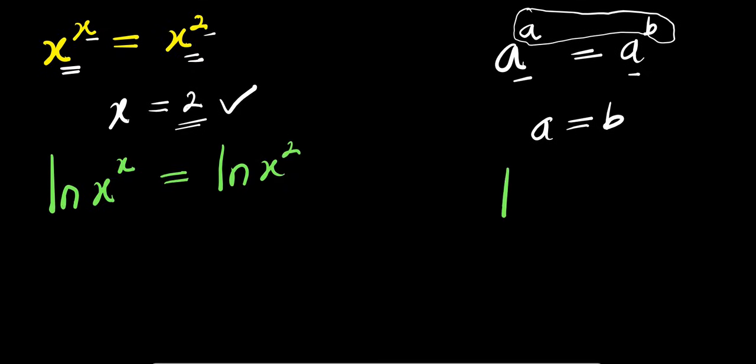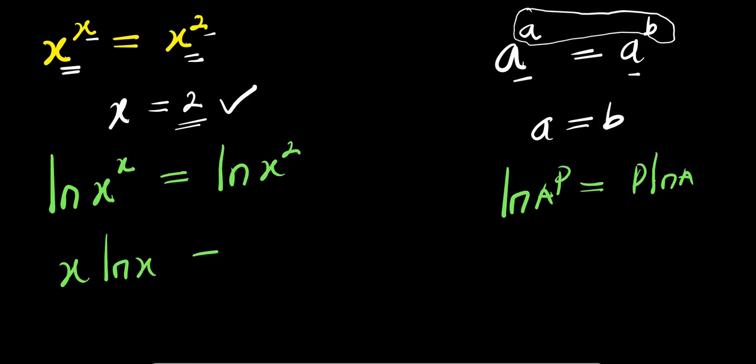Now, if you have natural log a power b, this equals b times natural log a. So we have x times natural log x equals 2 times natural log x, because the 2 comes behind this and x comes behind this as well.